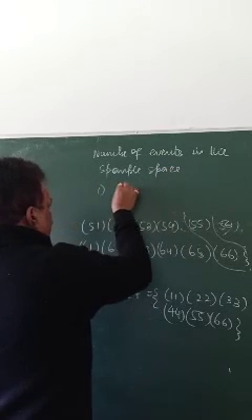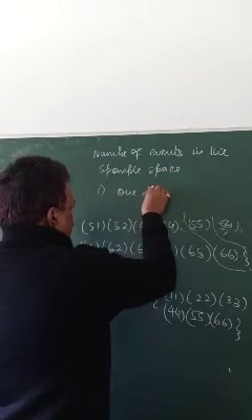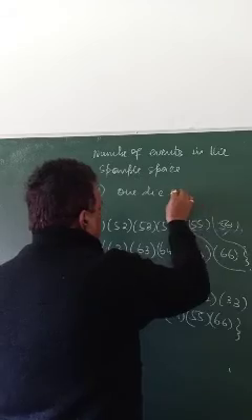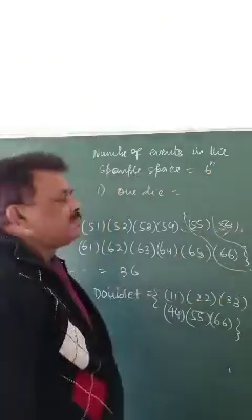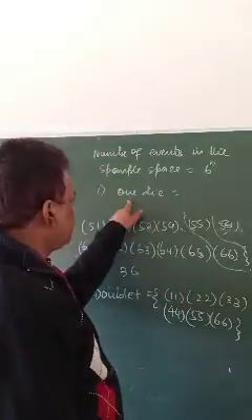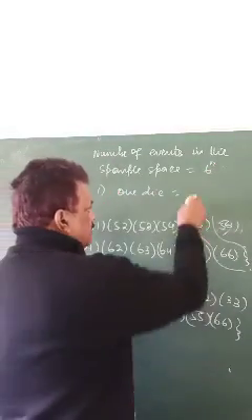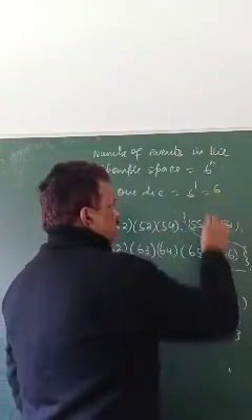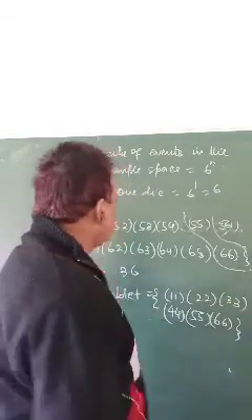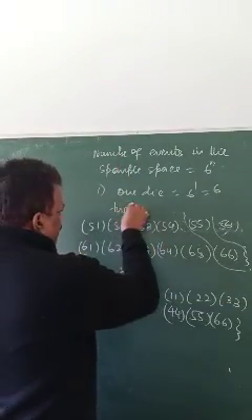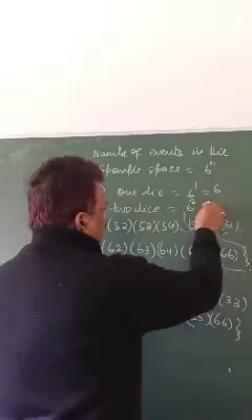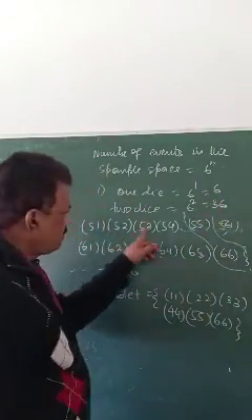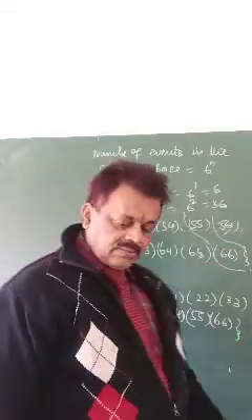For one die, the formula is 6 to the power n. One die means 6 to the power 1, that is 6. Two dice, 6 squared is 36. You can count, we had 36 like this, or not?